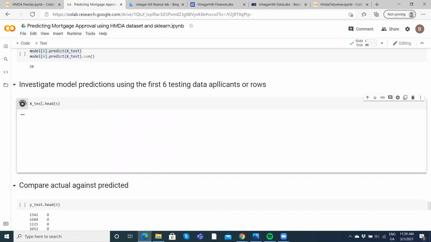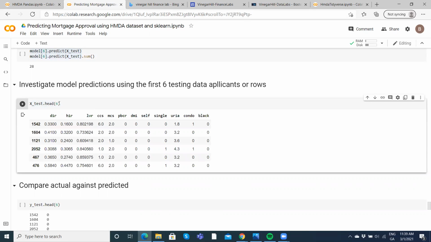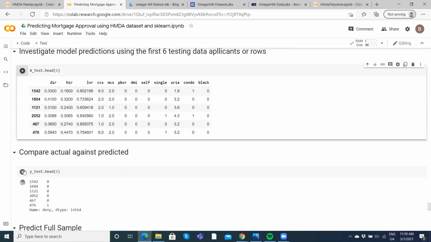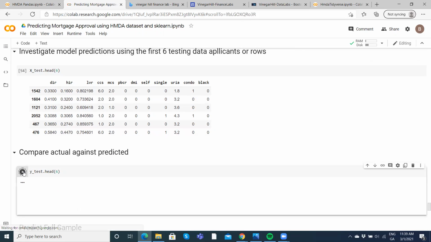So if we take X, the head, the top 6 rows, we can look at the predictive variables, the feature variables, and then compare against the actual, right? So take y test head, and we can see the 6th row, it's actually true, the applicant was denied mortgage.